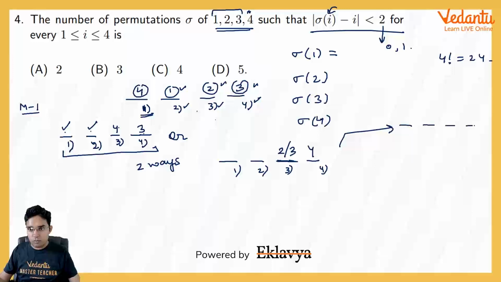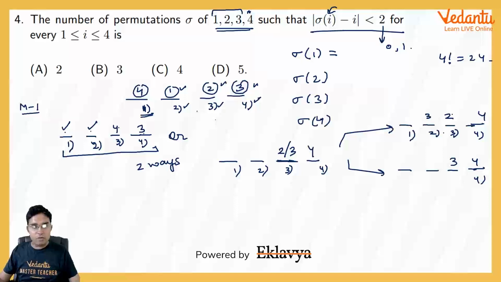In this case 4, 4 here. I am putting 4 in both the cases, but here I will be putting 2, here I will be putting 3. If you put 2 here and this is 3, then 3 has to be put here. Otherwise, if you put 3 here, it will be having a difference of 2. So I think in this case, 1 has to be kept here. So we have only one way in this scenario.